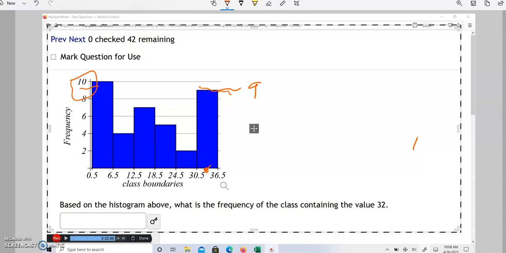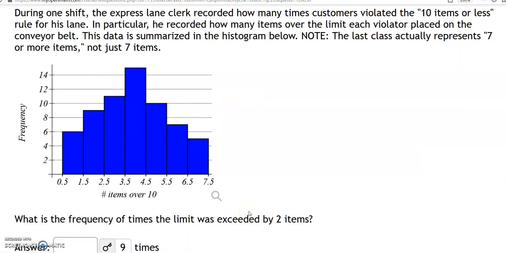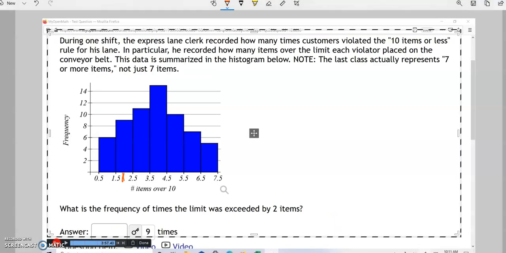The answer is 9. I'm trying to keep these videos short so you could read this, but basically all this is saying is the number 2 falls between 1.5 and 2.5, okay? And the frequency is 9. Here's 2. Here's 9. Okay. All right.